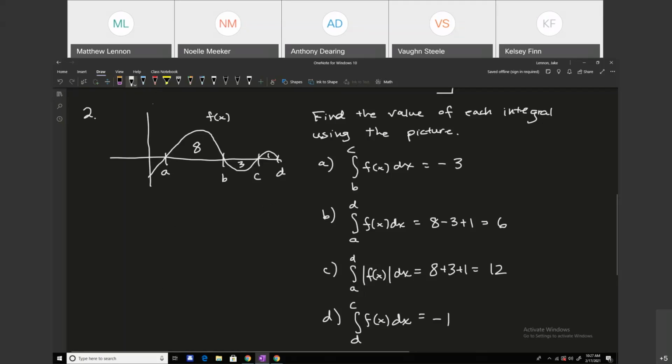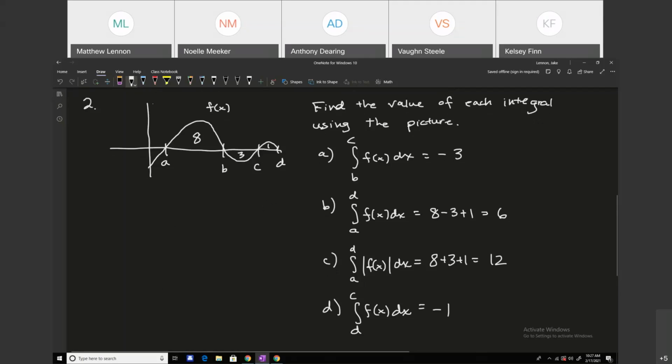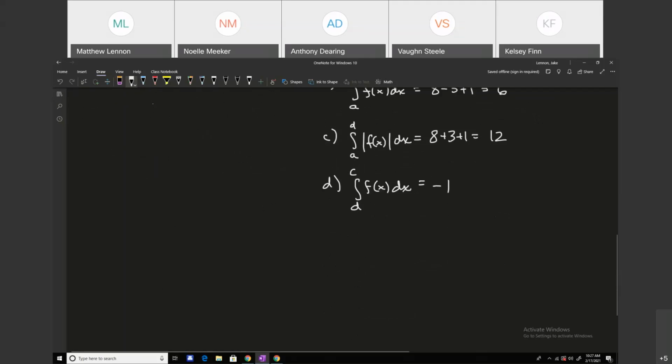Okay, and then pretty much the rest of the test is just a bunch of integration. So we start with some basic formulas, then we move our way to substitution, and then finally parts. So 3, maybe we want to integrate 8x cubed minus 6x plus pi dx, something like this. We're just using the polynomial rule, so we're going term by term, add 1 to the power, and then divide by that number. And then our constant pi, you just tack an x on there.